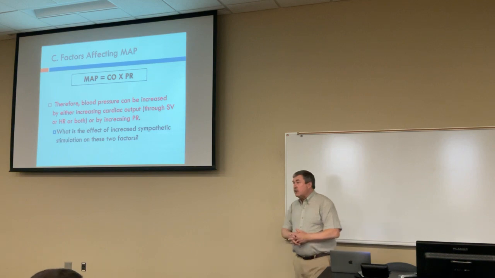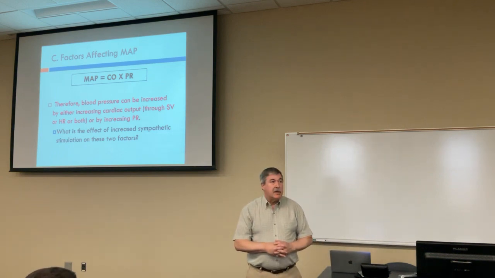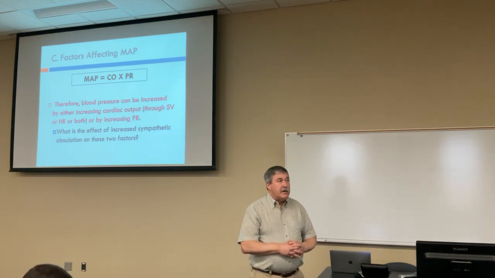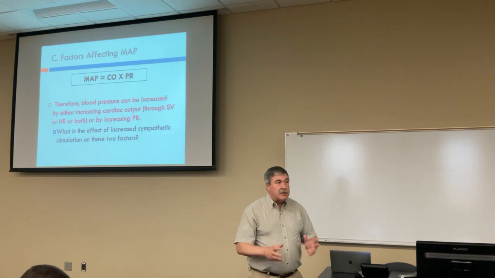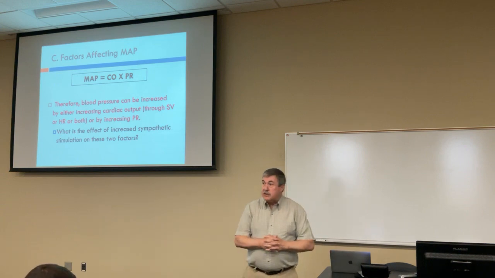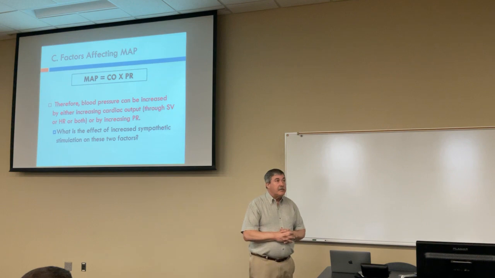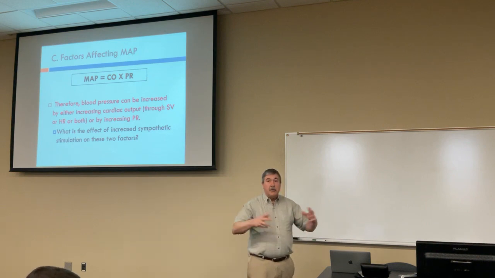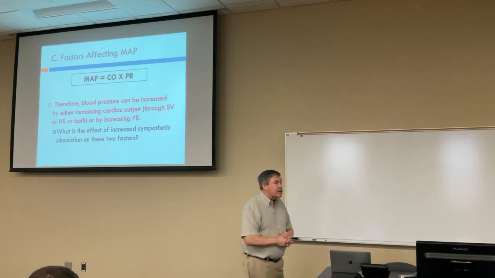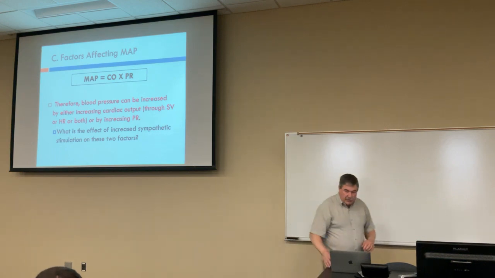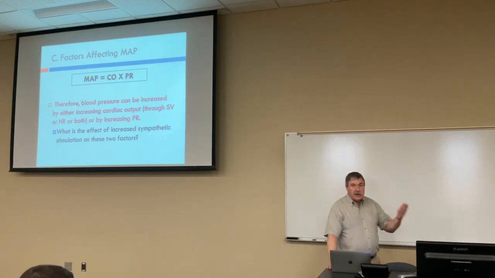Not all blood vessels would be affected the same way, though, because during the fight or flight response, blood flow to digestive organs is decreased, and blood flow to skeletal muscles is increased. So it depends on what blood vessels you're talking about. But it is going to, in general, cause an increase in peripheral resistance.